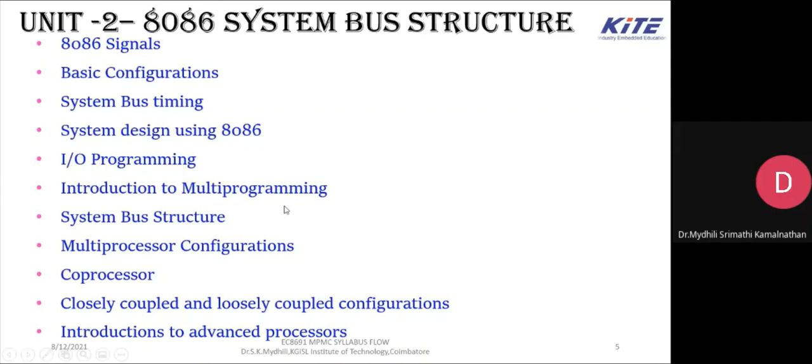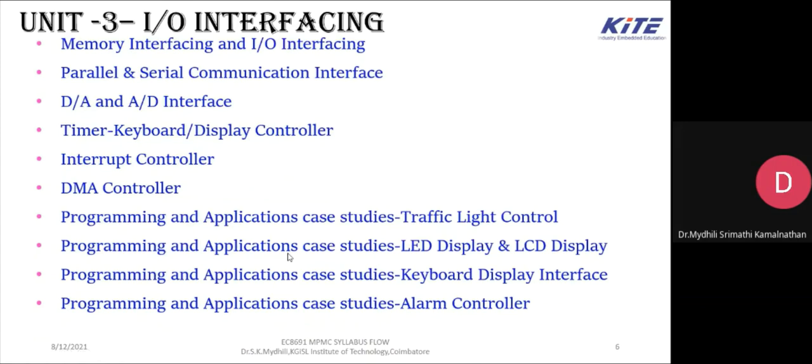Introduction to multiprogramming, the system bus structure, multiprocessor configuration, coprocessor, and closely coupled and loosely coupled configurations. Next is the introduction to advanced processors. There are different levels of processors available. Now we are talking about the ARM processor and Arduino, which are useful in IoT, etc. These are all the advanced levels.